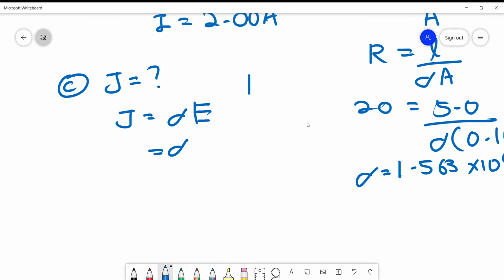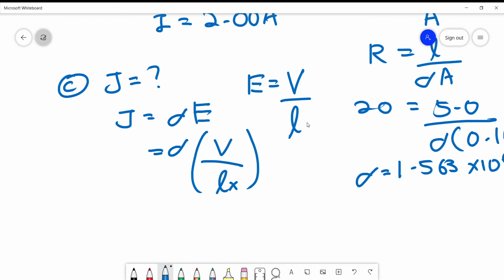We know that E equals the potential difference divided by the length of the wire, so E is V over L. This L is the length of wire X, of course.